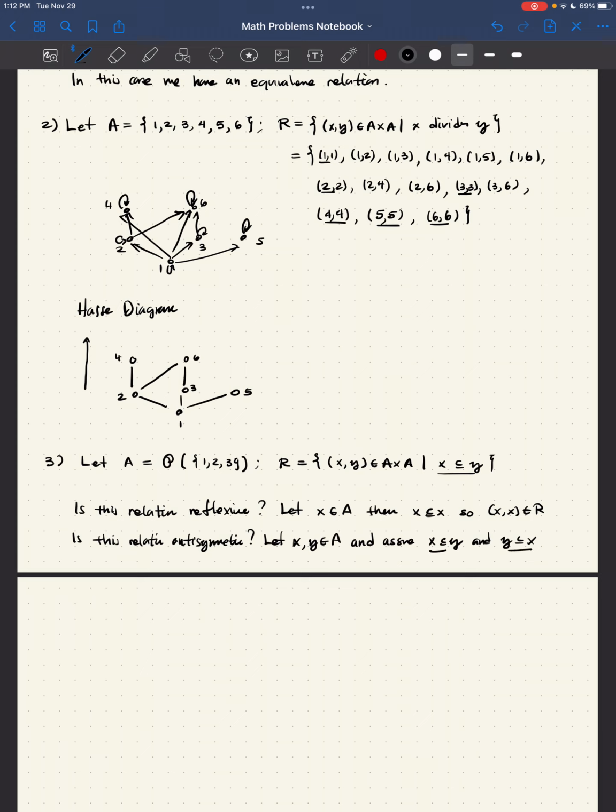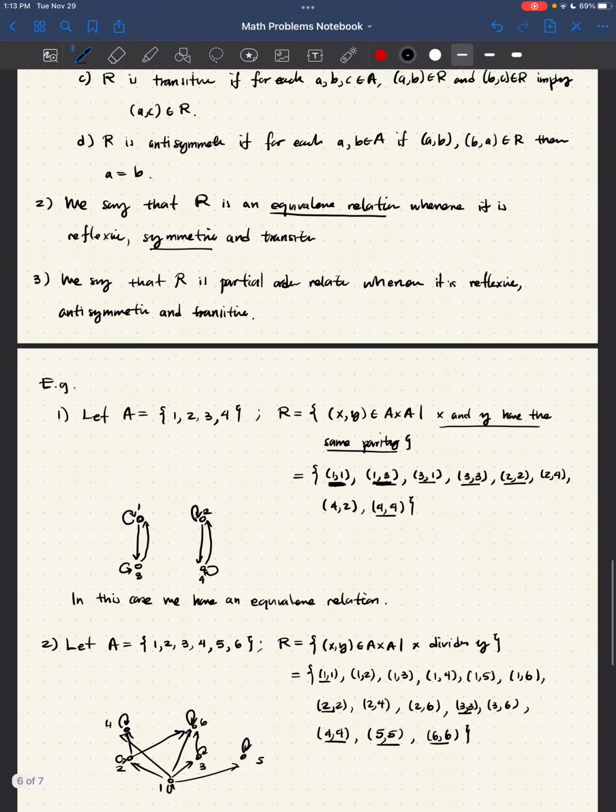Whenever we have that X is a subset of Y and Y is a subset of X, then we can conclude that X is equal to Y. So now we can see that it satisfies the antisymmetry property.